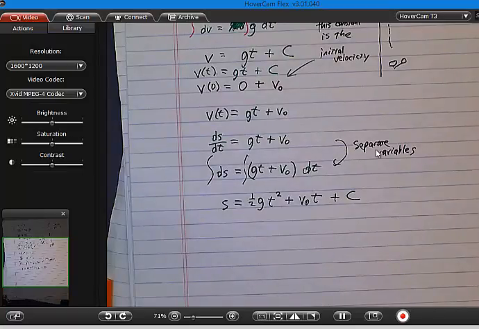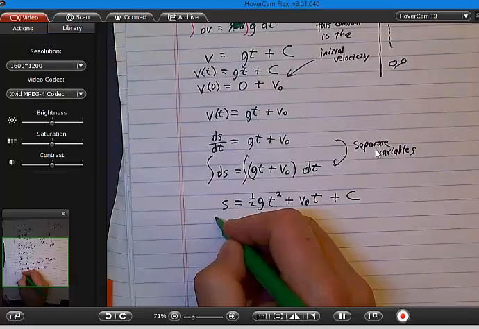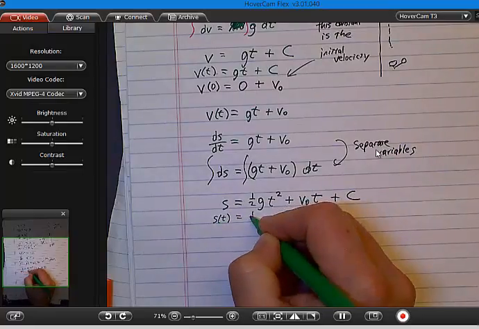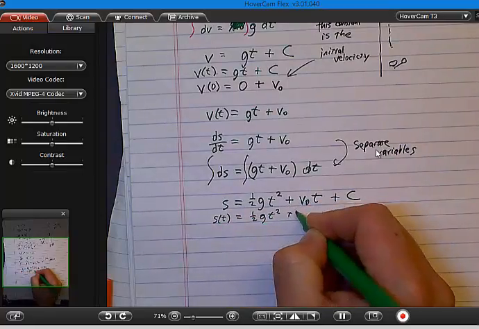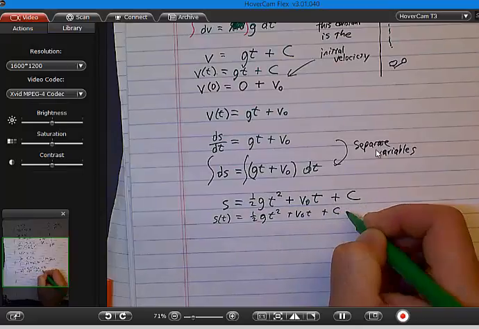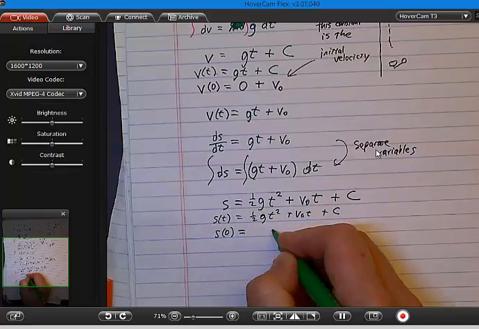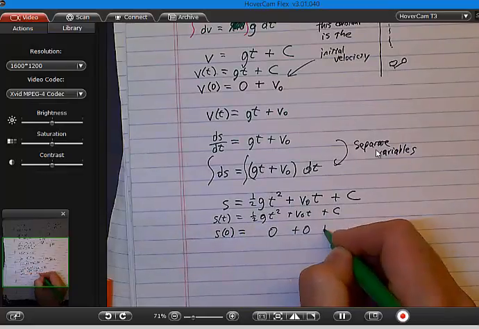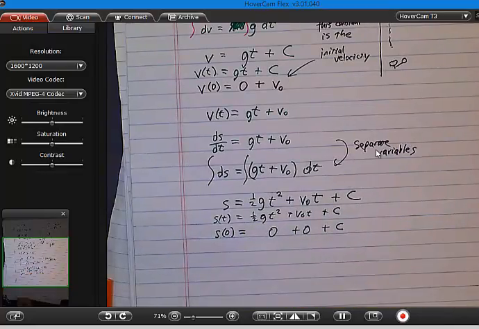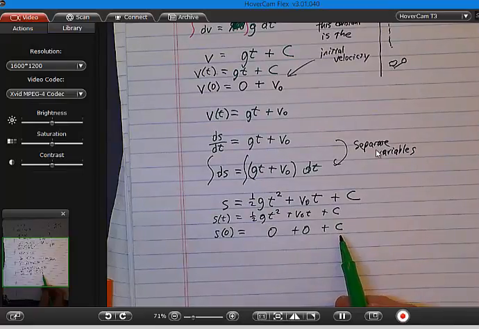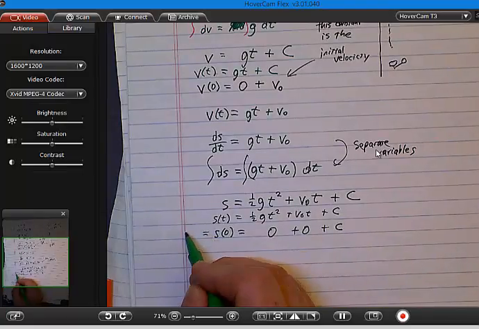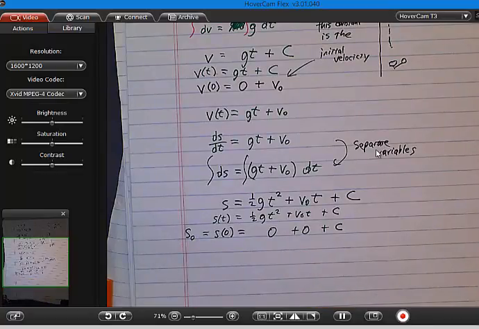Okay? And remember, this is s of t equals 1/2 gt squared plus v initial t plus that constant. And so I can write in s of 0 is equal to 0 plus 0 plus c. In other words, this constant is equal not to the initial velocity, but to the initial position, right?